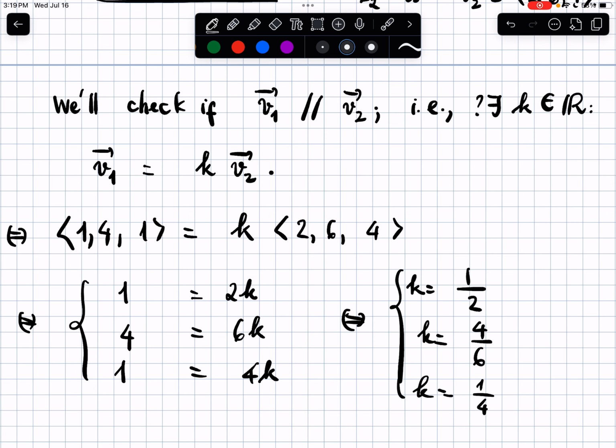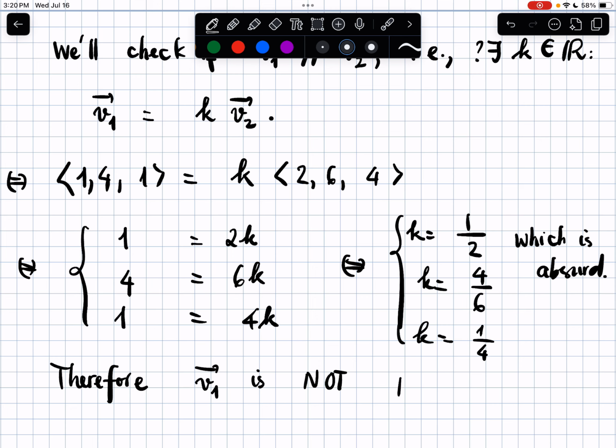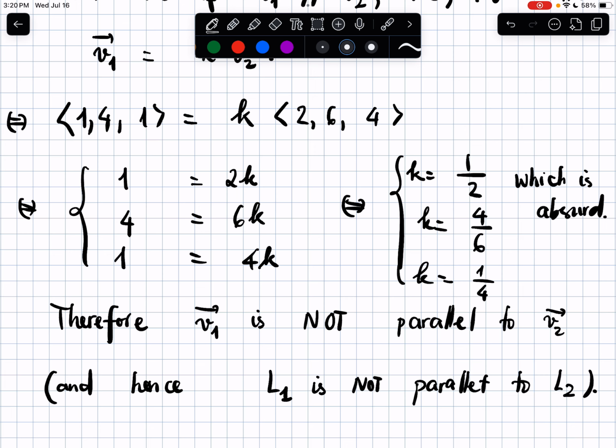So this is absurd, which means V1 is not parallel to V2, and hence L1 is not parallel to line 2. So that's how we check whether they are parallel or not. Now we check whether they intersect.